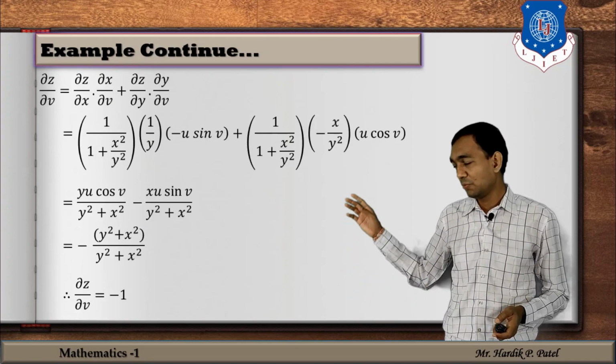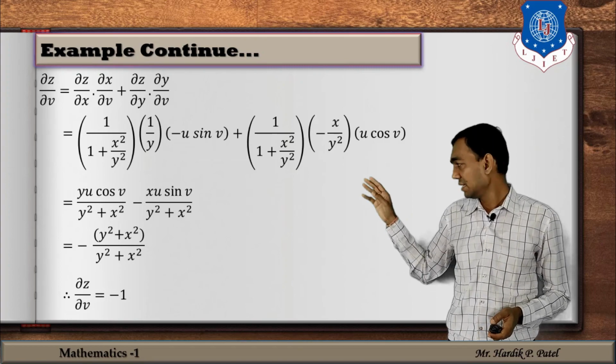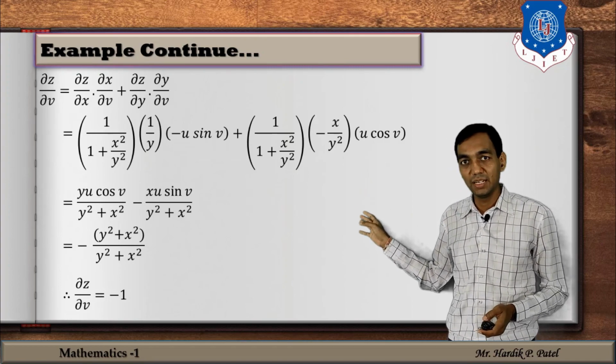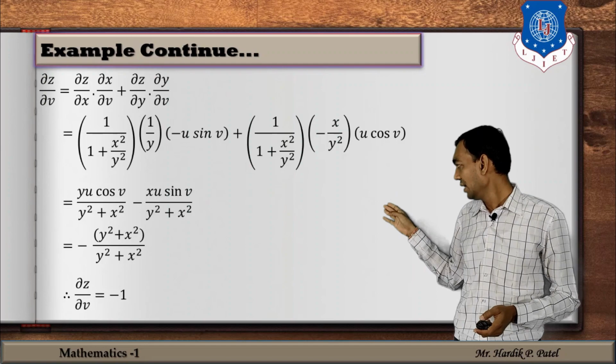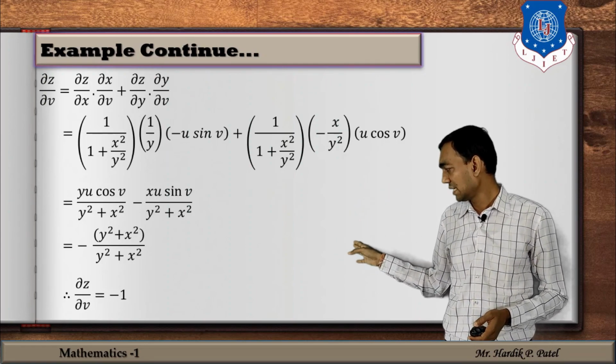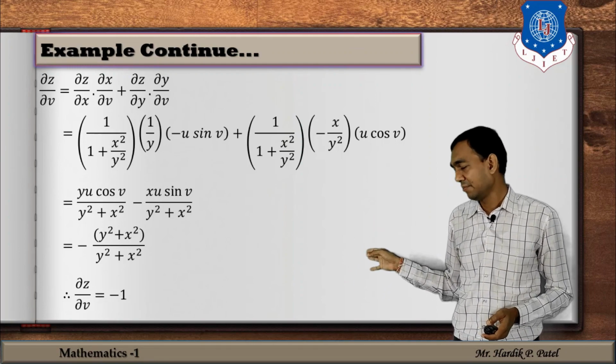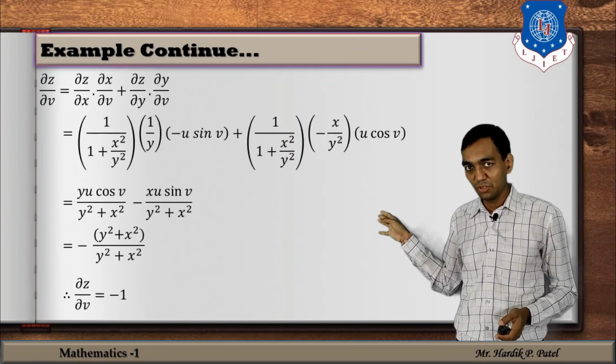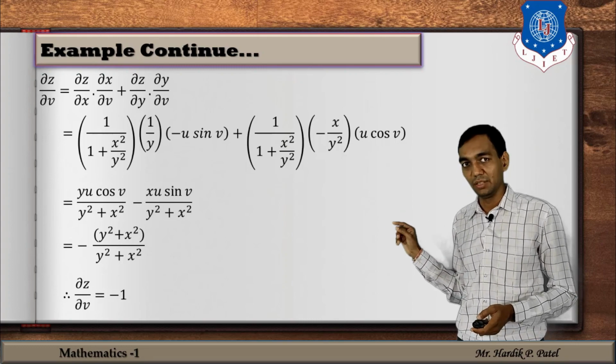Same manner, if we are going to find del z by del v, then it is del z by del x into del x by del v plus del z by del y into del y by del v. Now del z by del x is again 1 upon 1 plus x square upon y square into 1 upon y, and derivative of x with respect to v is minus u sin v.